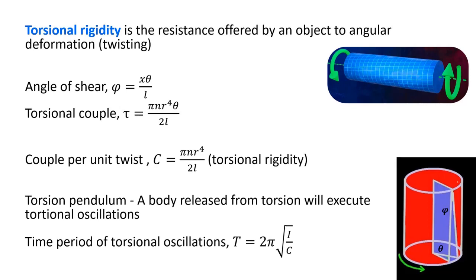We can find the time period of the torsional oscillation T is equal to 2 pi root over I by C, where I is the moment of inertia of that object and C is the couple per unit twist. Torsional pendulum is an experiment which can be used to find the rigidity modulus of any material.